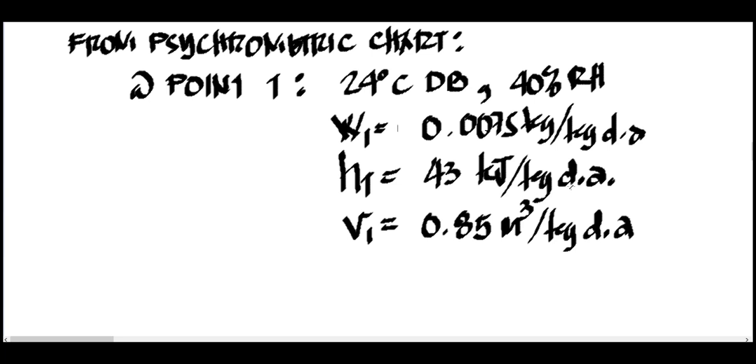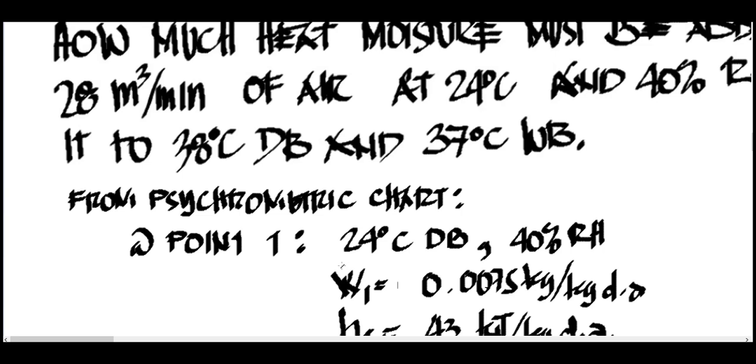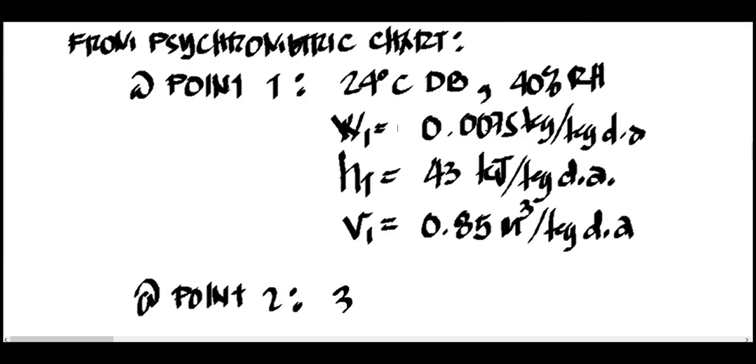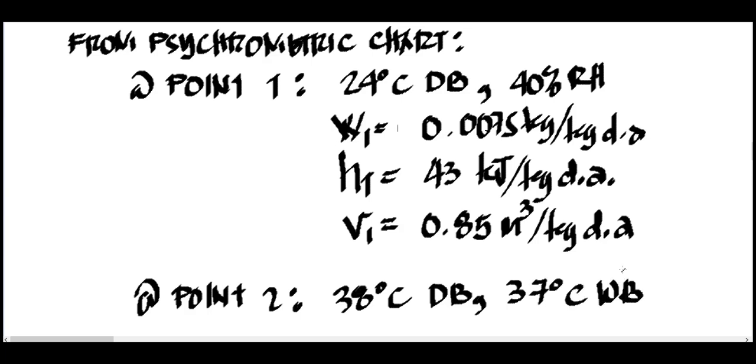Now at point 2, what are the properties? That will be 38 degrees Celsius dry bulb, and we have 37 degrees Celsius wet bulb.